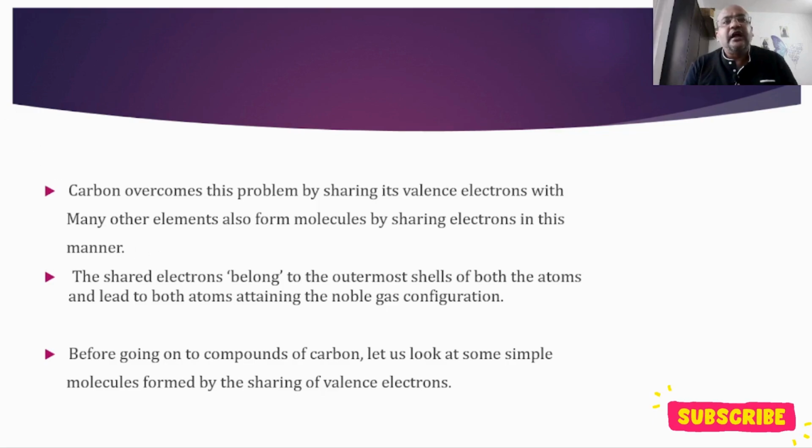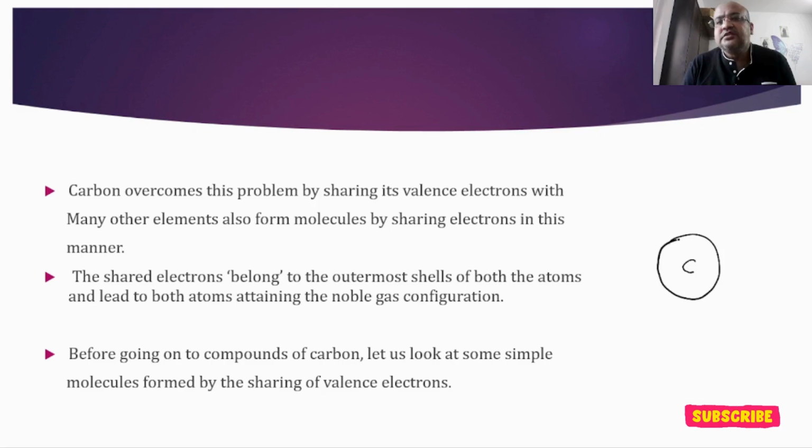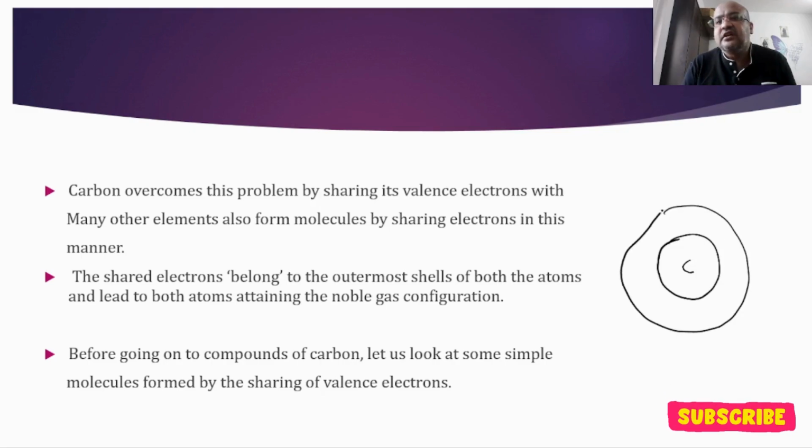You will see here that carbon overcomes these problems by sharing its valence electrons. Carbon is there, and in the first shell, that is the K shell, I've got two electrons, and then in the valence shell I have got four electrons.